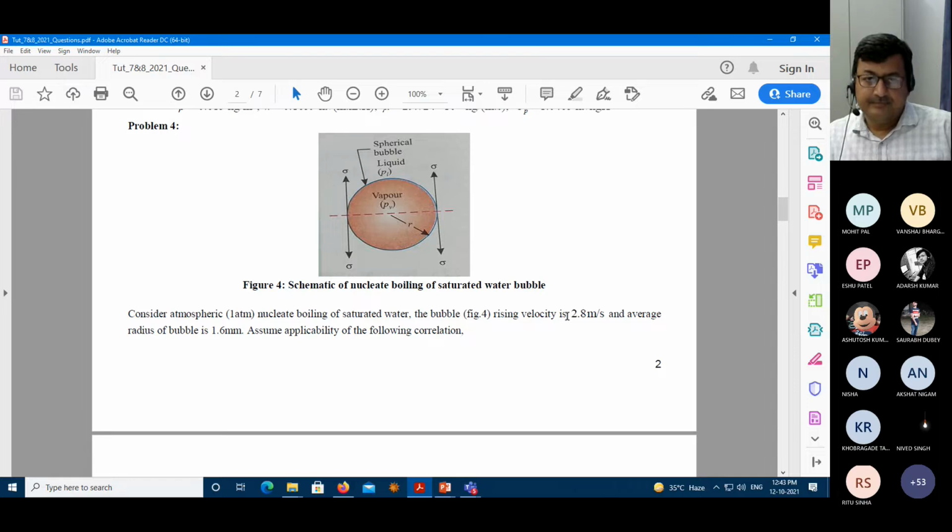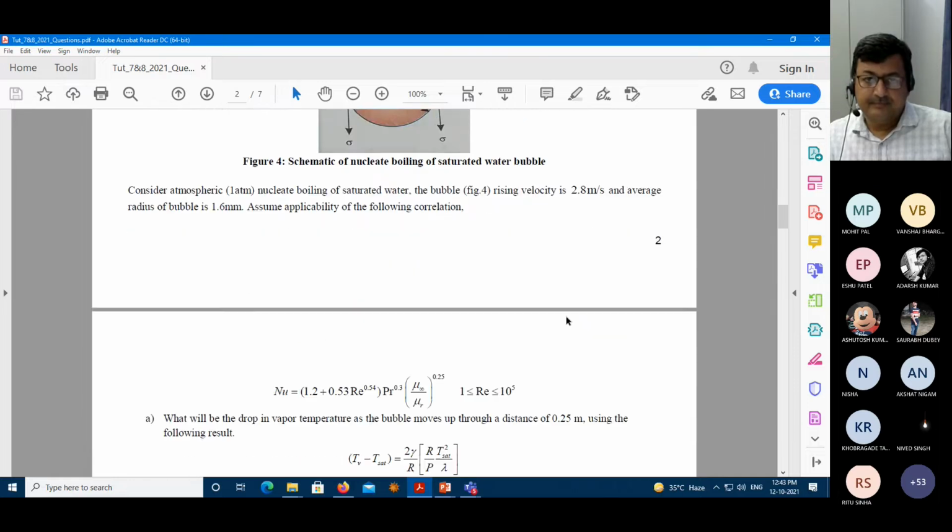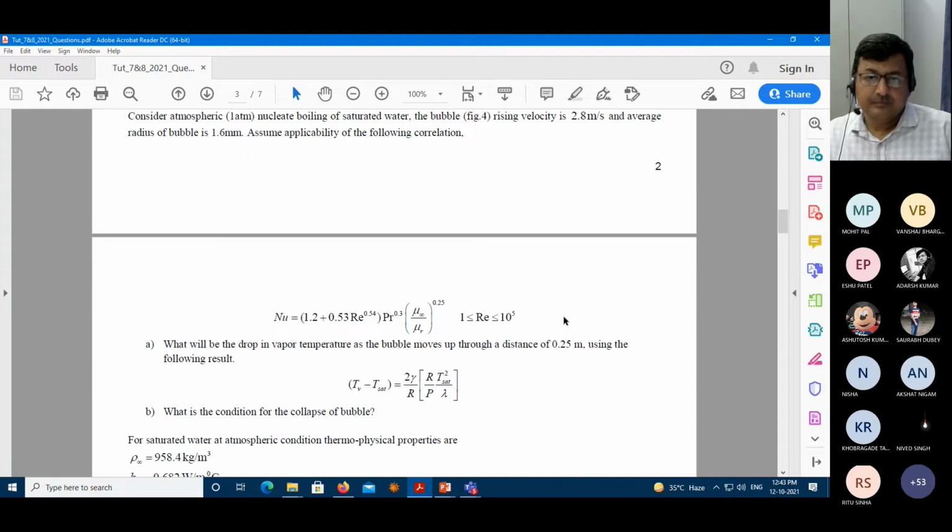Assume applicability of the following relation. A, what will be the drop in vapor temperature as the bubble moves up through a distance of 0.25 meter using the following result? And B, what is the condition of the collapse of bubble? Right. So how do you approach this problem?